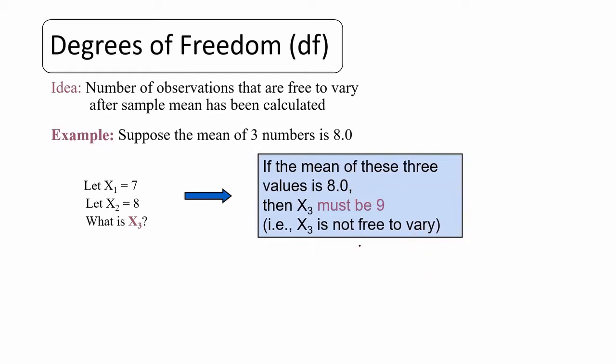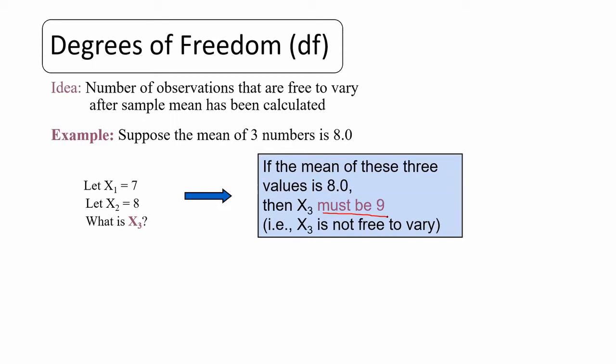That is the critical term here. x3 must be 9. So in other words, x3 you can't vary. It is not free, right? Because the average of these 3 numbers is 8, and you're told that x1 is 7 and x2 is 8, then x3 should be 9.